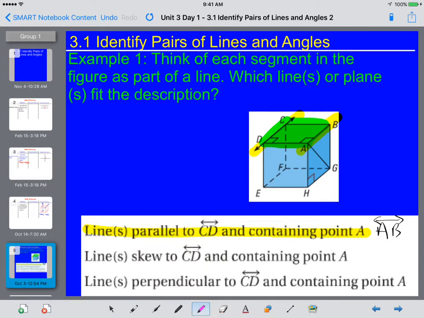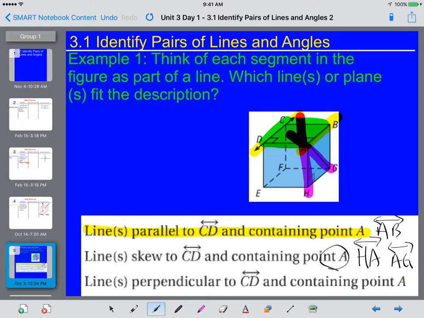So I would say that HA would be a line. Can you think of another one? I see G here making a line. That's going to be skew. Those aren't on the same plane. So line AG. And that's about all that I see that contains point A.